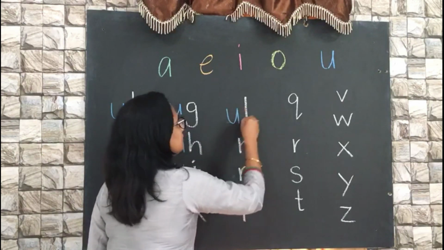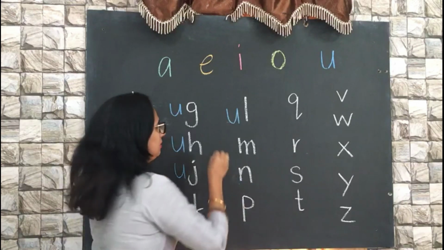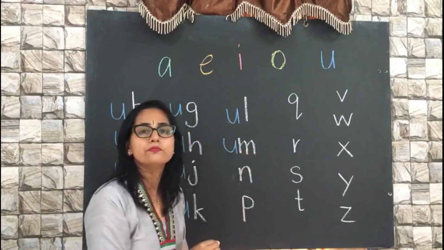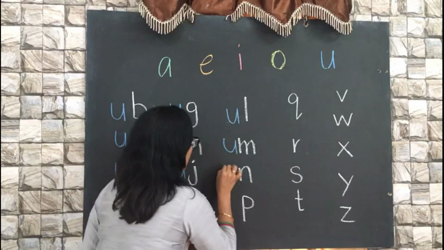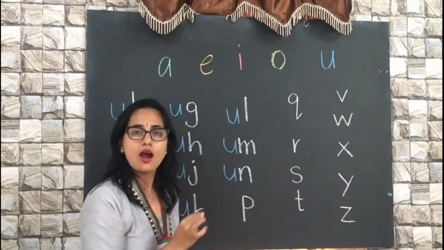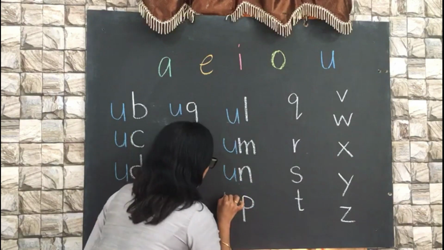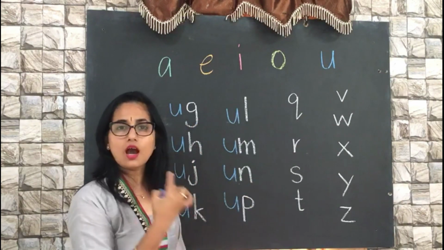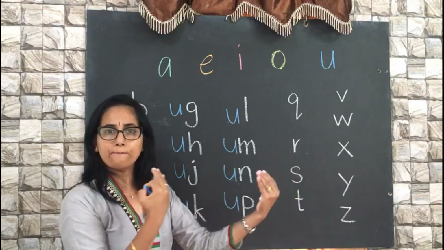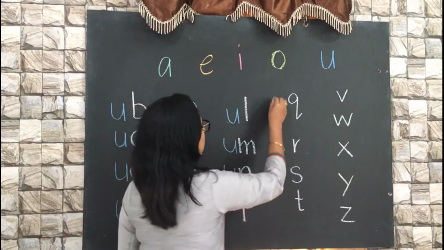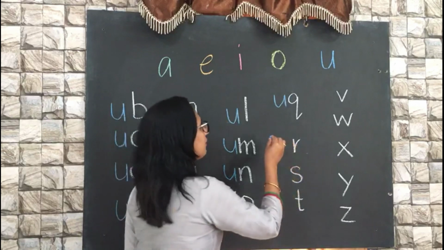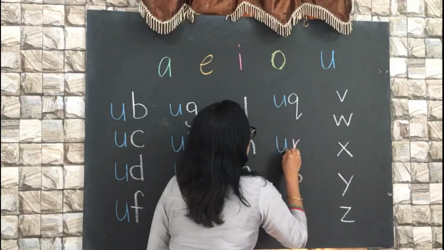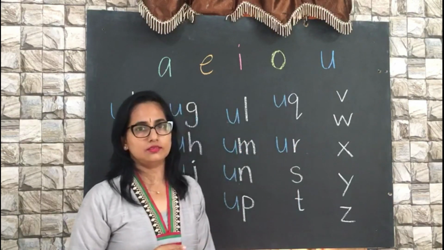Uh, l, ul. Uh, m, um. Uh, n, un. Uh, p, up. Here when you join along with R, uh, r.